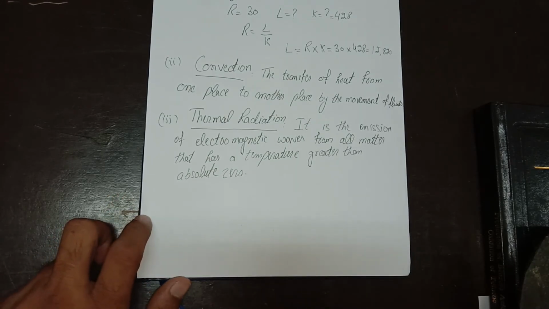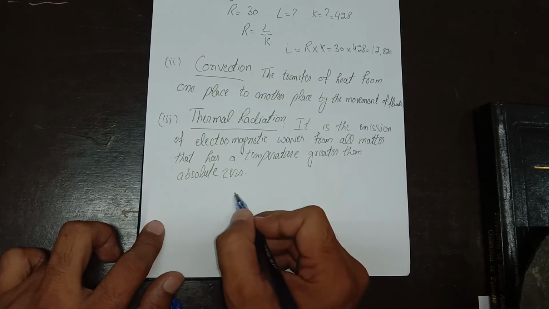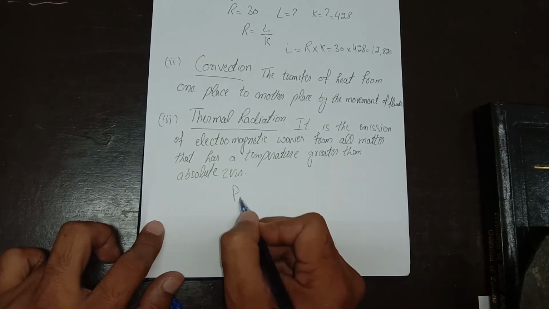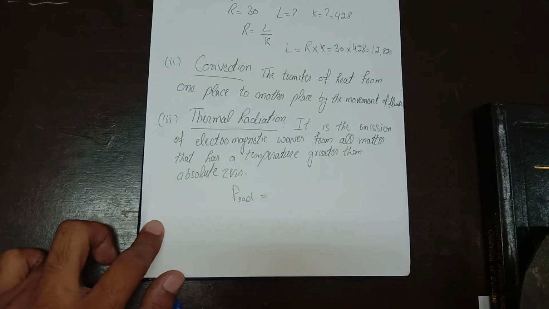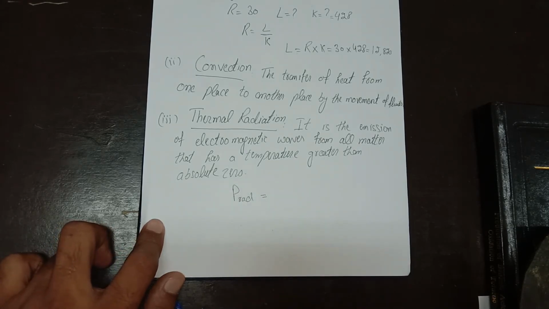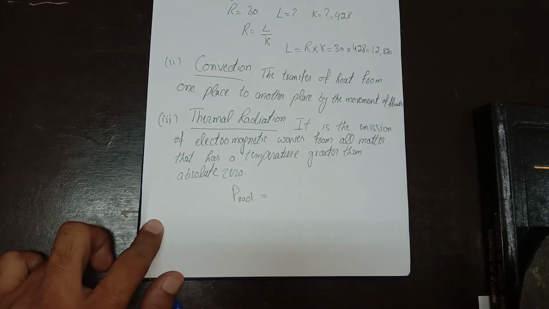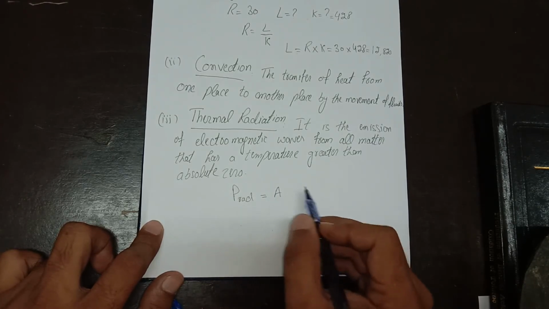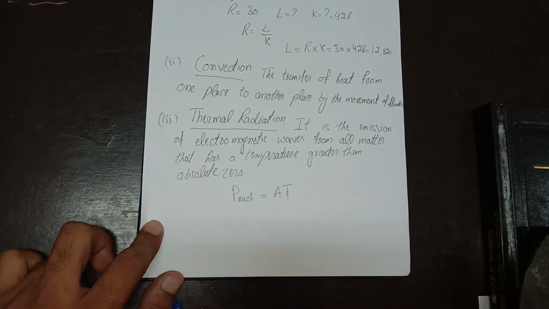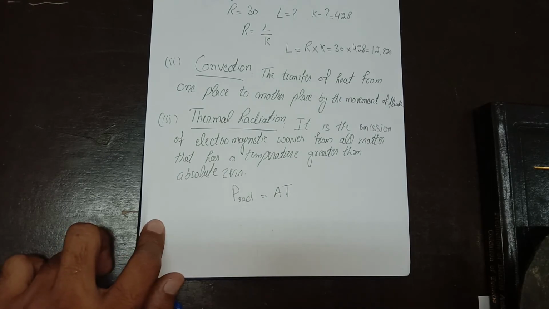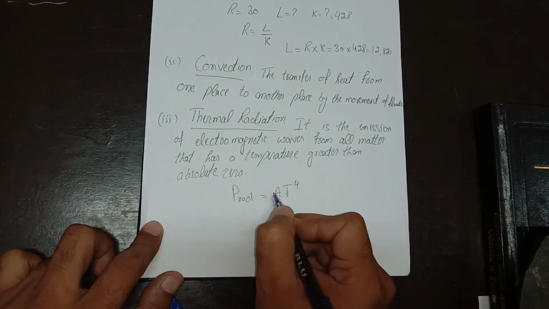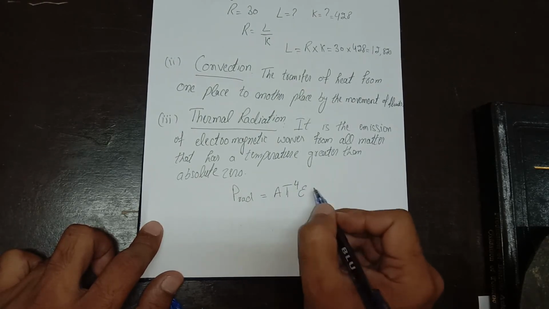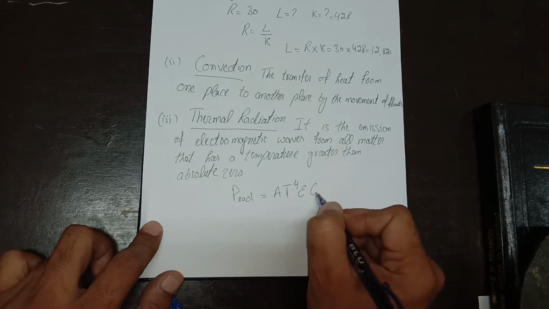The rate at which a body emits electromagnetic radiation is proportional to its surface area and its temperature, along with emissivity and sigma.